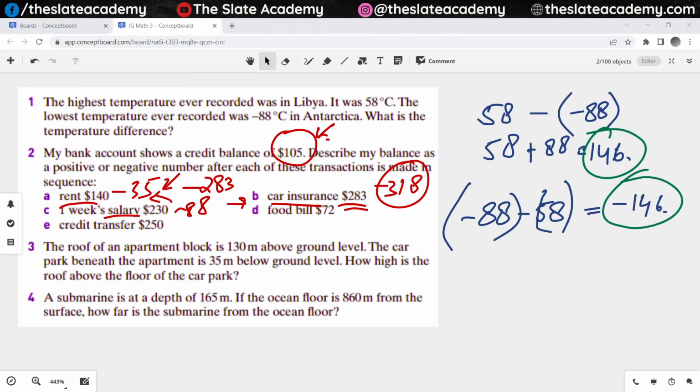Once it has become minus 88, then you pay a bill of 72. Would that increase or decrease the balance? Decrease, there is a payment. So minus 88 minus 72 is minus 160. And then you receive 250. That would increase your balance, right? So minus 160 plus 250 is 90. Excellent.